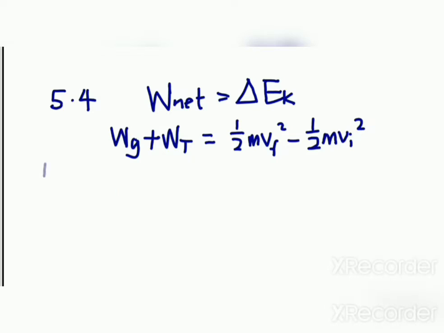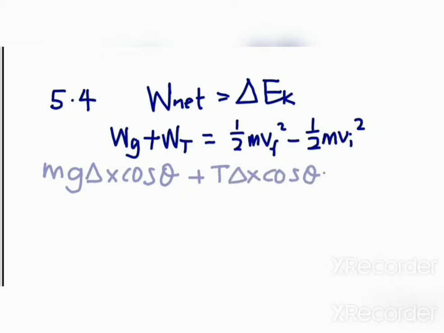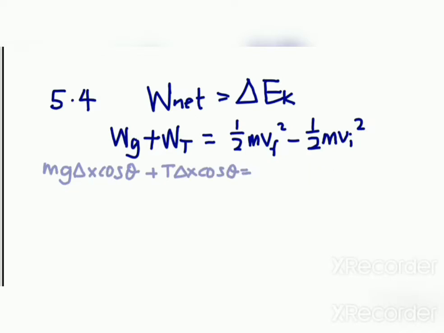So we have mg delta x cos of theta plus, now the work done due to tension would be the force, which is the tension, times delta x cos of theta, and that is equal to half mvf squared minus half mvi squared.